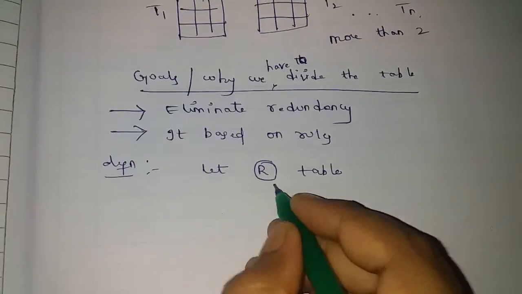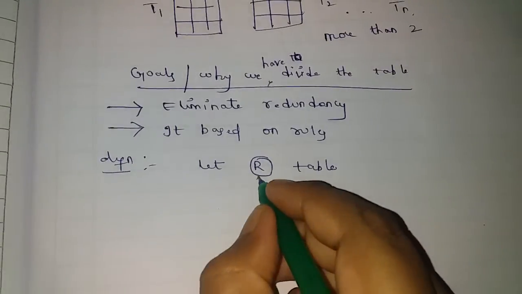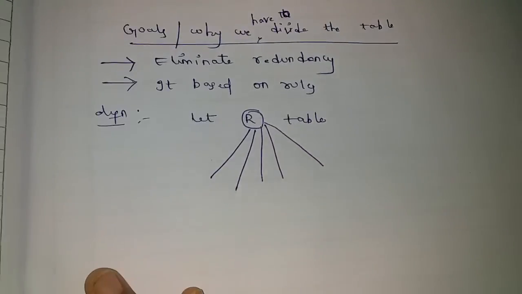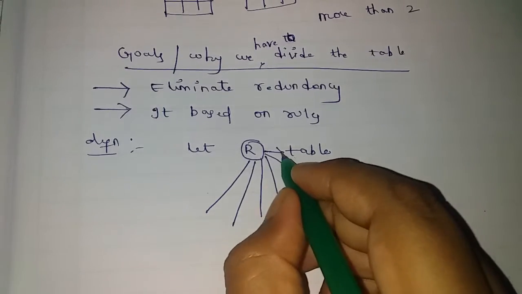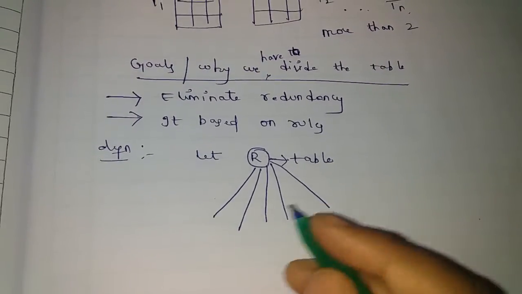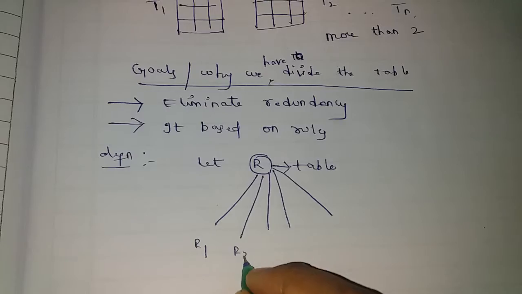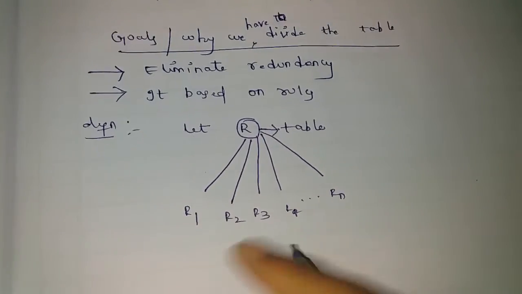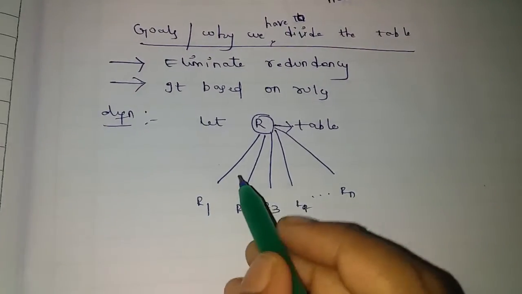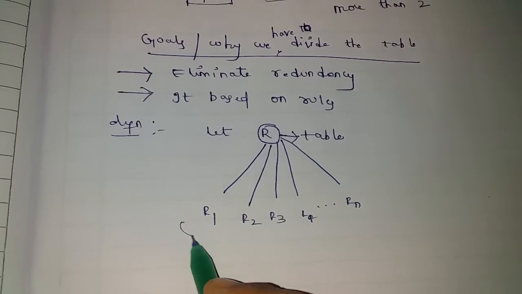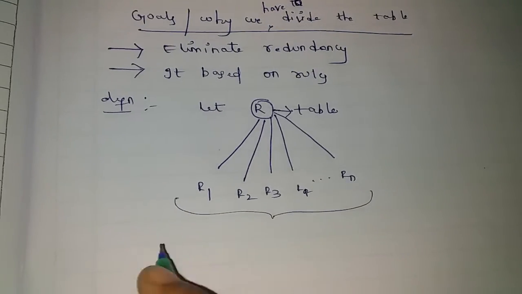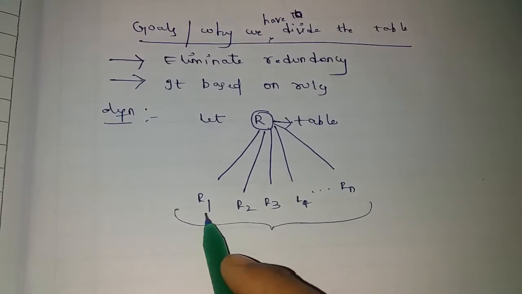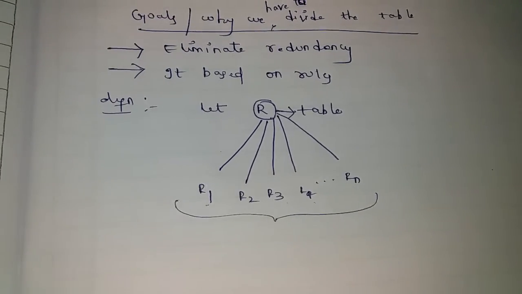This is the original table. The R table is divided into R1, R2, R3, R4 and so on up to Rn.